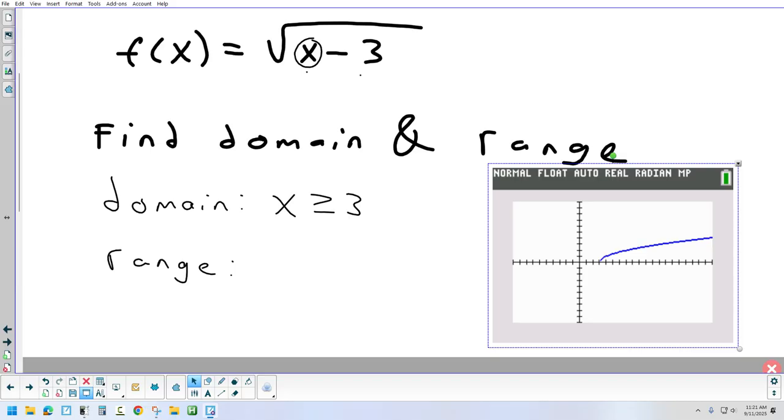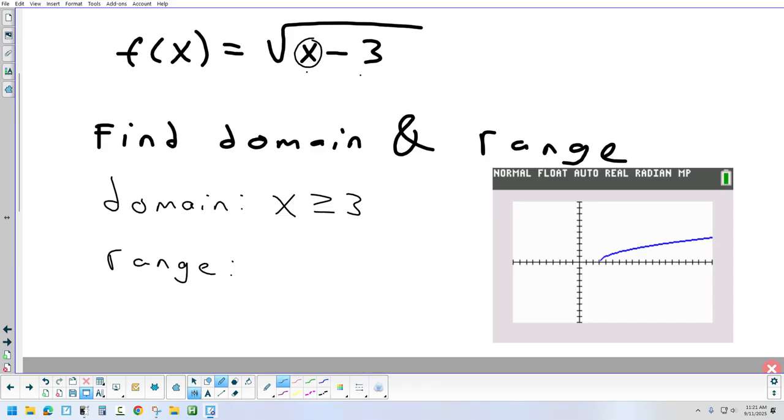But now range is up and down. How low does the graph go? It doesn't go any lower than 0. And how high is the graph going to go? Always. Infinity.